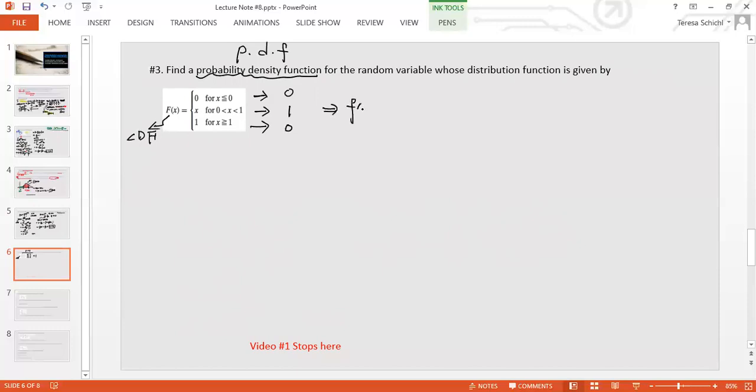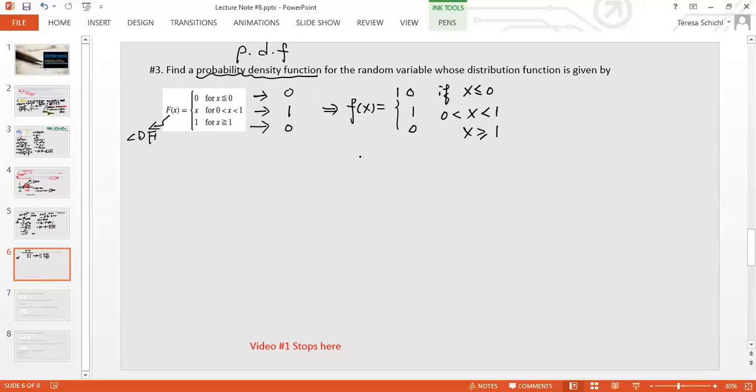So I can say that my PDF is equal to 0 if x is less than or equal to 0, 1 if x is from 0 to 1, and 0 again when x is greater than or equal to 1.